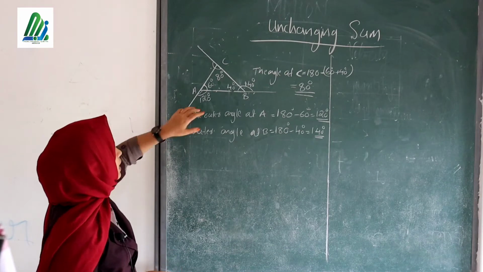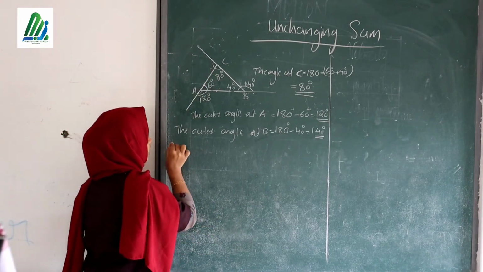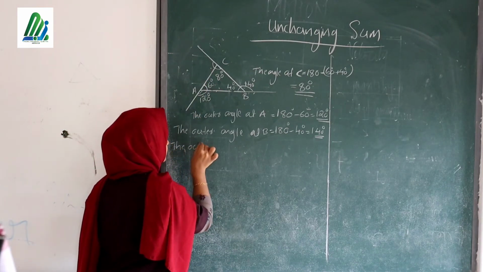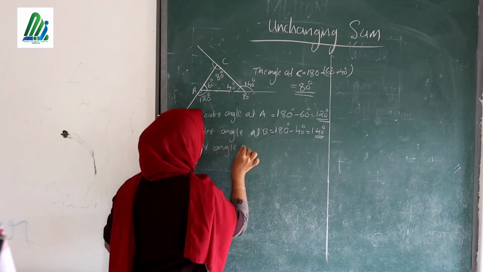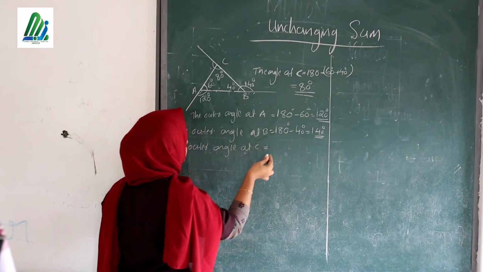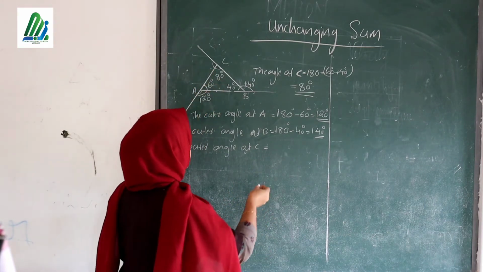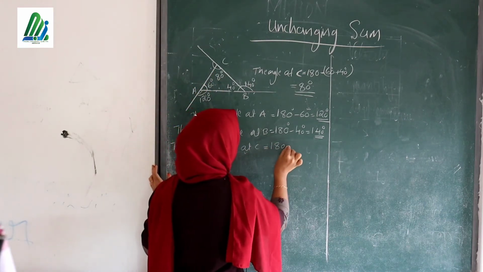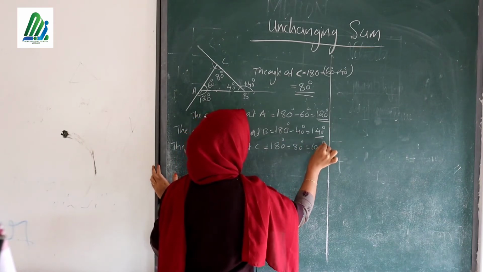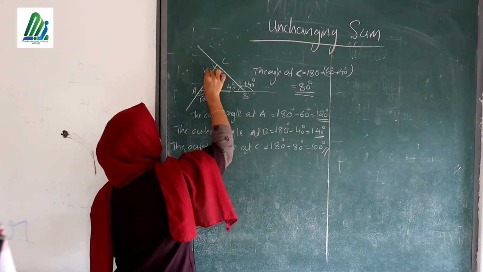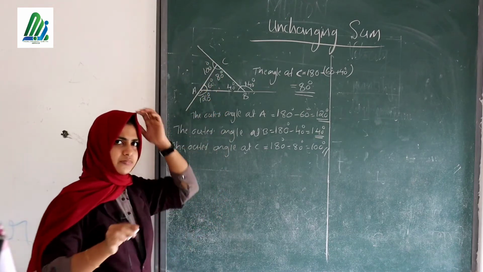Now what about the outer angle at C? The outer angle at C is equal to 180 minus 80, so 100 degrees.